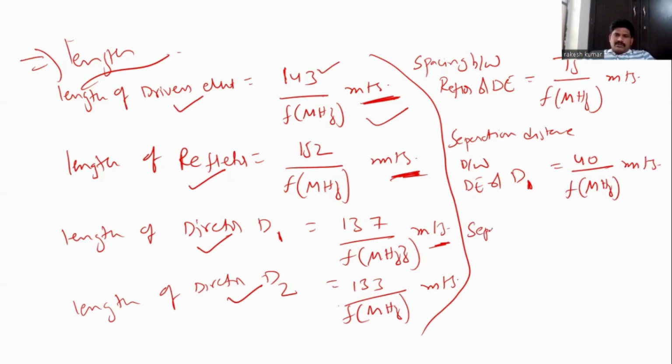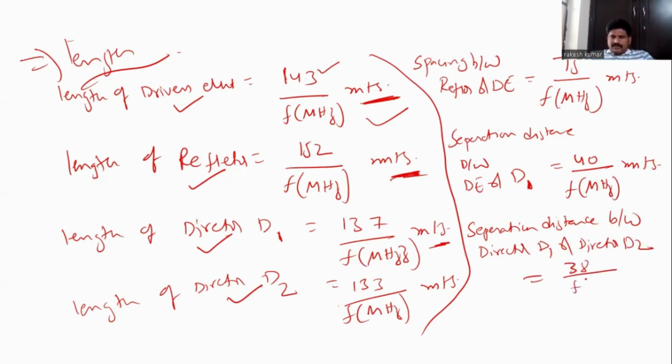The separation distance between director D1 and director D2 is given as 38 by F megahertz, in meters.